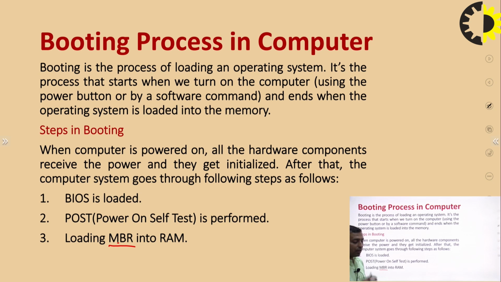The MBR is at a fixed location and the master boot record is loaded into the RAM. This master boot record contains where our original operating system files are on the hard disk or bootable disk.